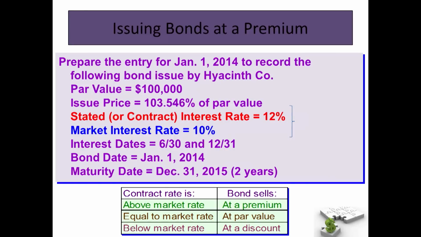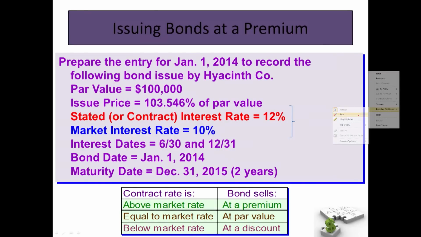Now we're going to look at what if the market rate is below the contract or stated rate. You with me? Or said the other way, what if our stated or contract rate is greater than the market rate? That is called issuing bonds at a premium.